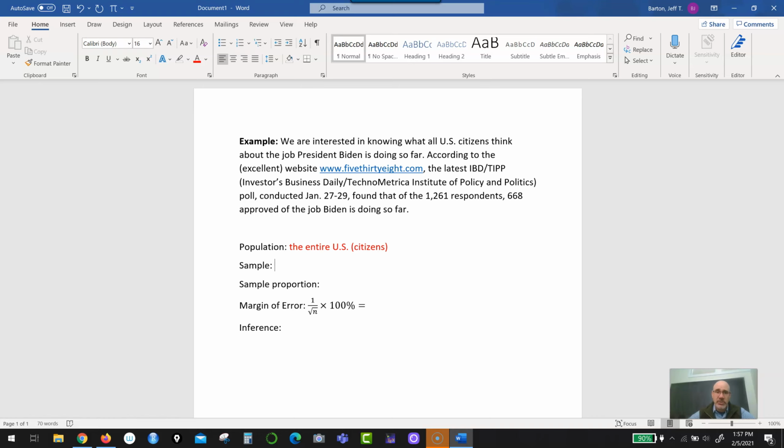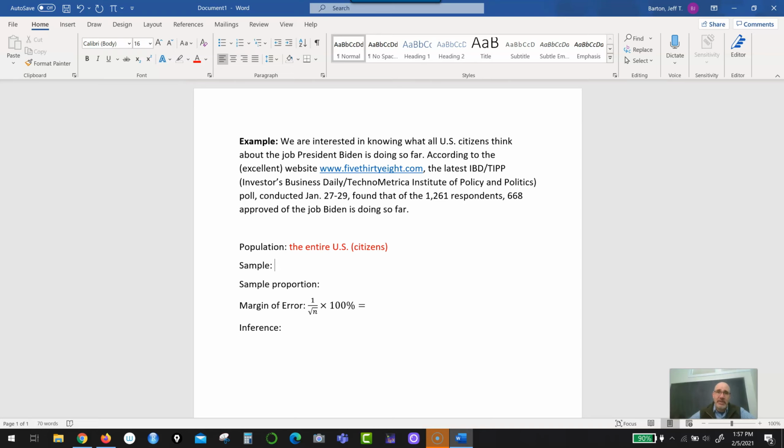Right, we might be interested in knowing what the entire U.S. population thinks about the job Biden is doing, but it's too big of a population to actually ask everyone, right? So it would be way too expensive and too time-consuming to try to track down every last U.S. citizen to ask them what they think of the job Biden is doing.